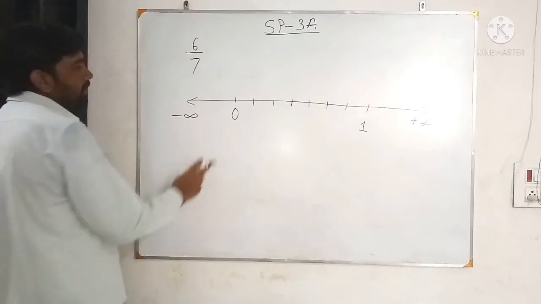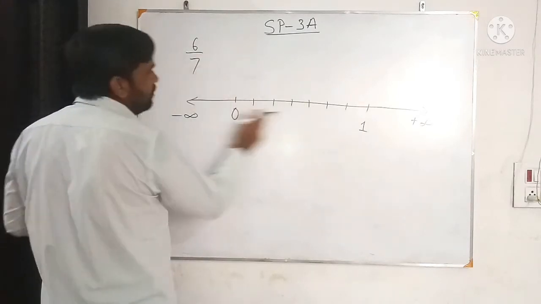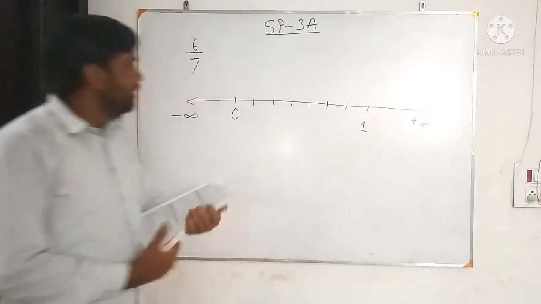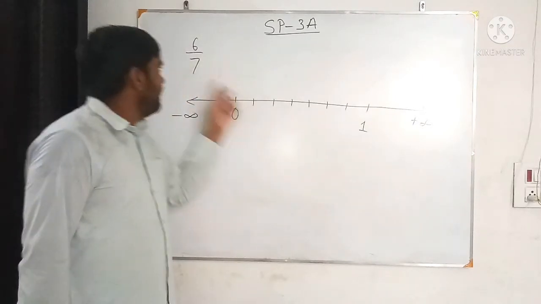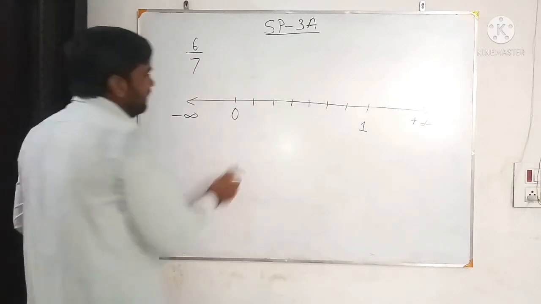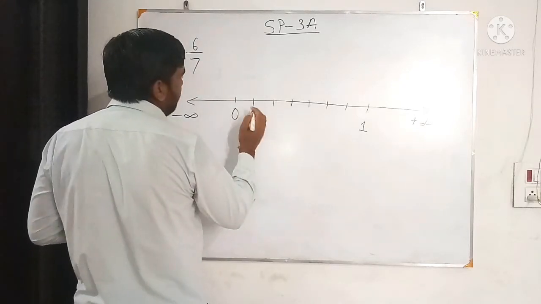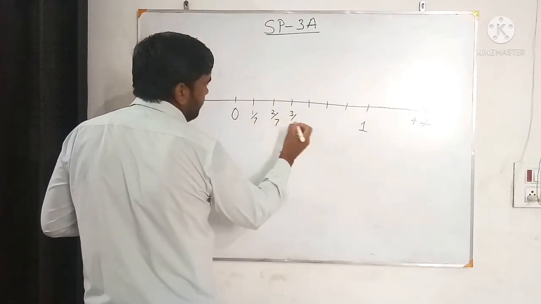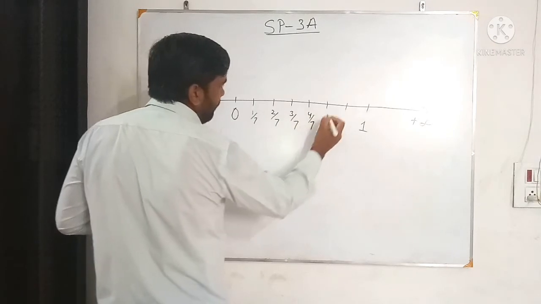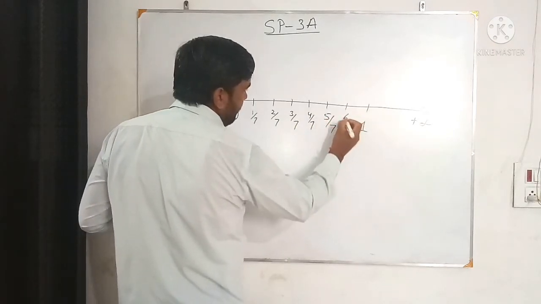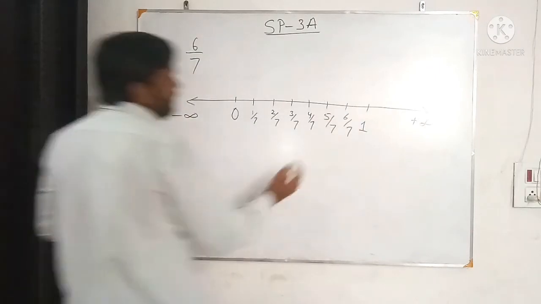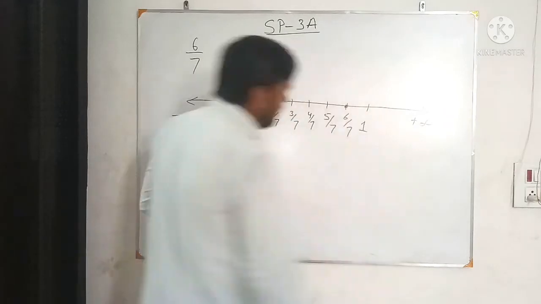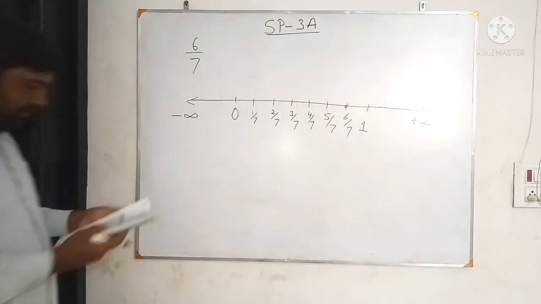So divide 1 unit length, 0 to 1, on the number line into 7 equal parts, and the value of these marks is 1 by 7, 2 by 7, 3 by 7, 4 by 7, 5 by 7, now 6 by 7. So this is 6 by 7. Put a solid dot. This is the representation of 6 by 7 on the number line.